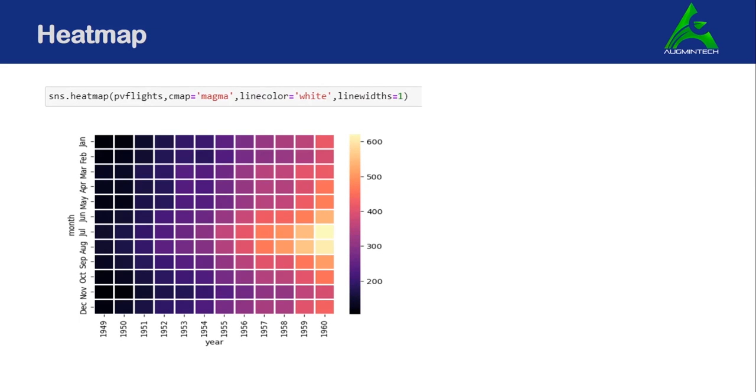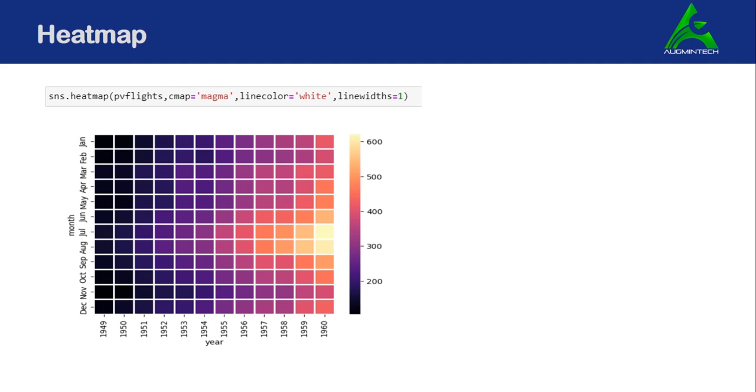Now, if you look at this heat map, here we have just given a color map as magma, and then line color as white, because the previous heat map was not properly visible. The colors were actually overlapping. So here we are providing the color lines. If you see, the color line between these smaller grids are white, and then we have line width as 1.